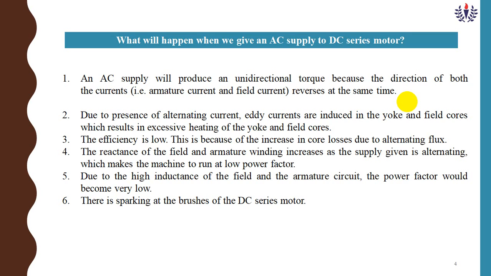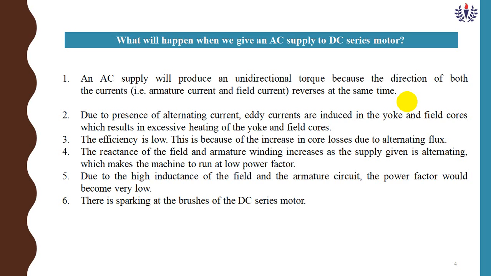Once the losses increase, the reactance value X present in the field winding and armature winding will increase based on the supply. Due to this increase in the reactance value, the power factor cos phi value will be very low.